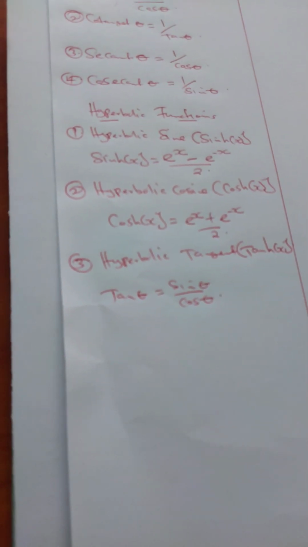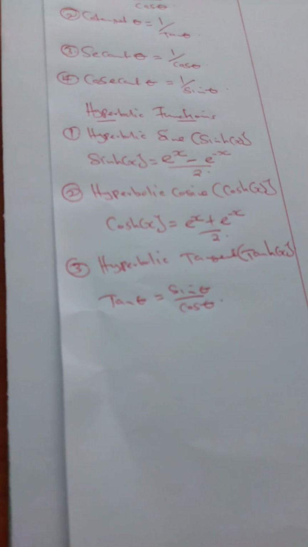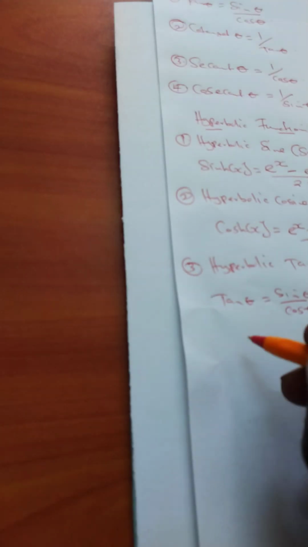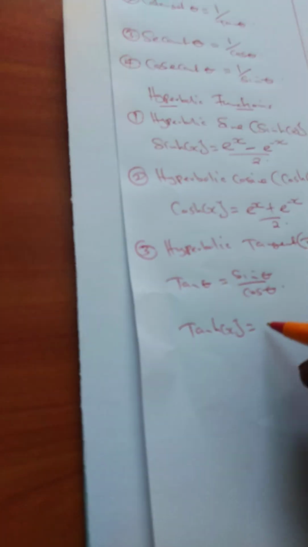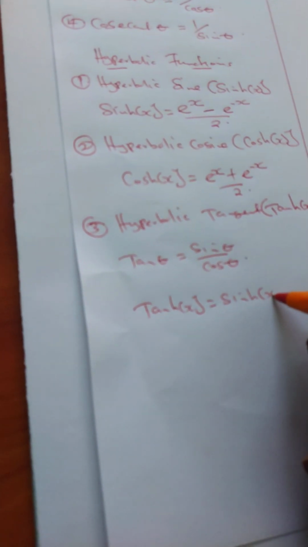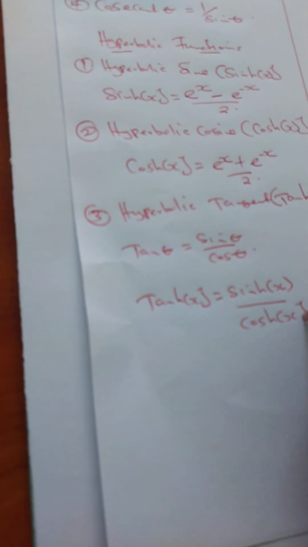And because the hyperbolic functions take real arguments called hyperbolic angles, we can say tanh of x is the same as sinh of x all over cosh of x.